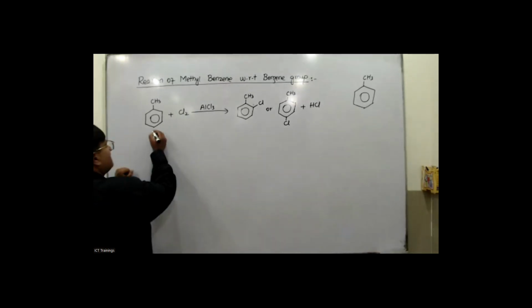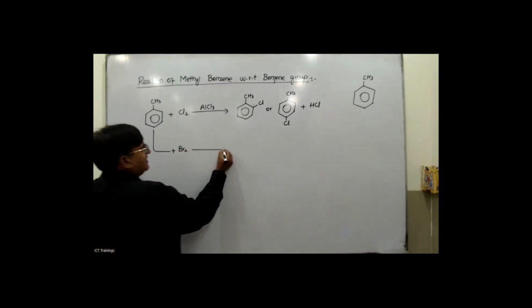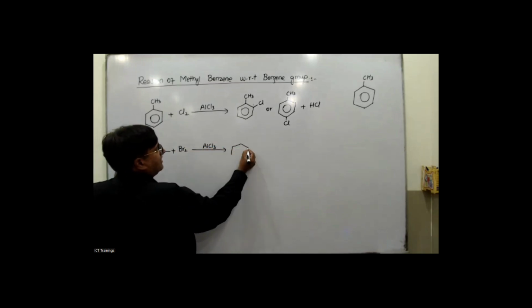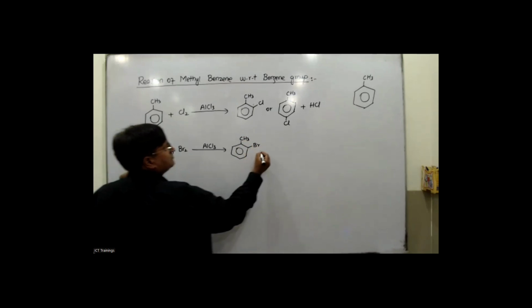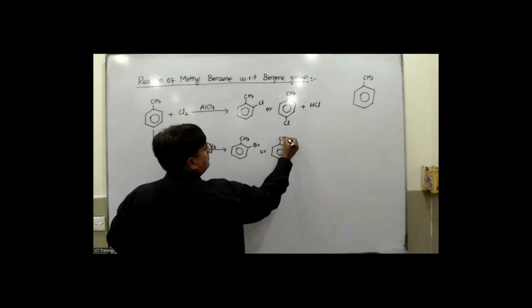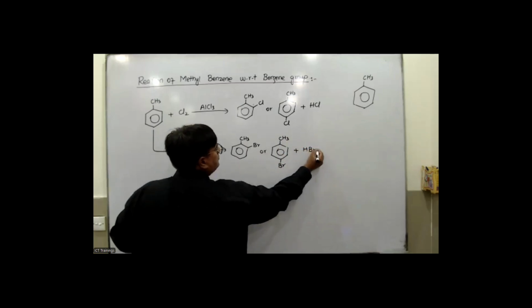And if you react this methyl benzene with bromine, the same AlCl3 is needed. This is the methyl benzene. The bromine would be attached at position 2 or at position 4, and HBr is produced.